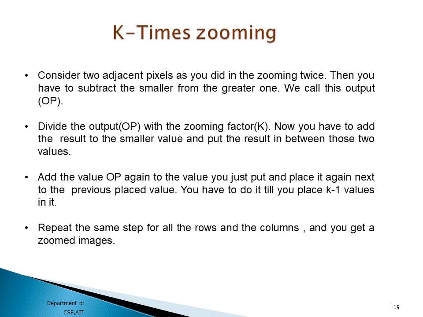So this is one way of going for zooming. In this zooming, we are going to increase the number of values depending upon a value called k. This k is called the zooming factor.